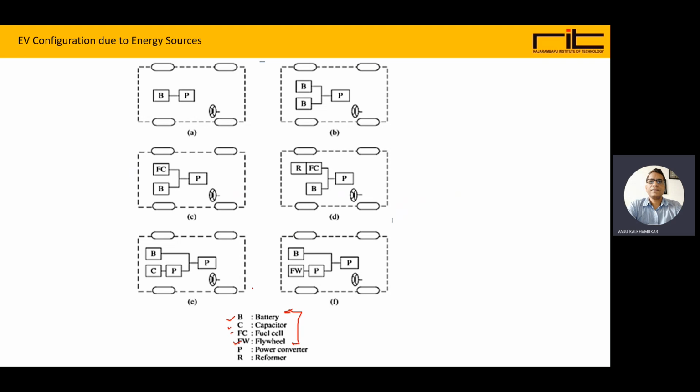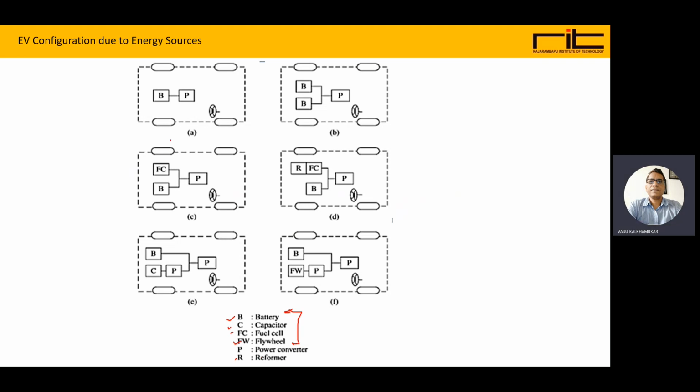Also, for these configurations, power electronic converters are required, and another notation used here is the reformer, that is for hydrogen production. It is the onboard hydrogen system for a hydrogen car. So in the fuel cell configuration, a reformer is also used.